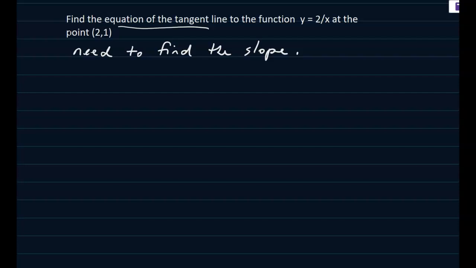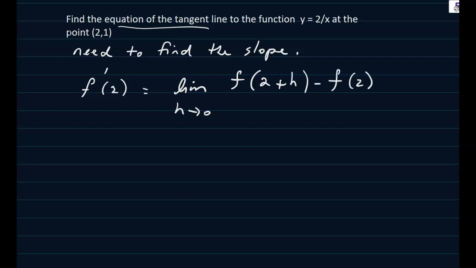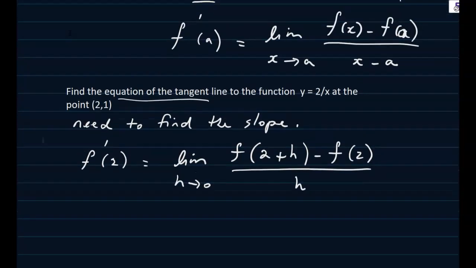In this case, we want to find f prime of 2, and that is the limit as h approaches 0 of f of 2 plus h minus f of 2, divided by h.